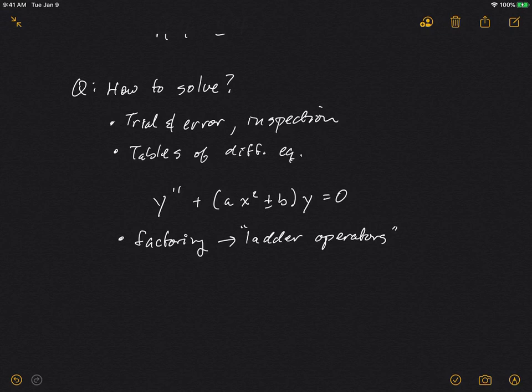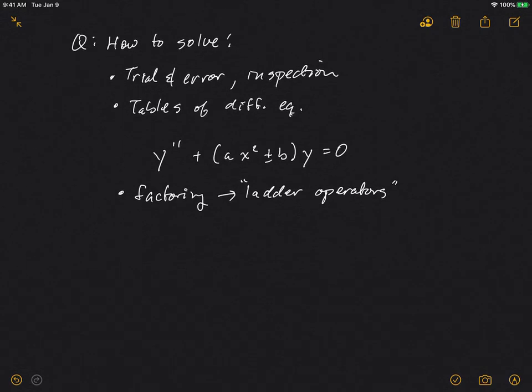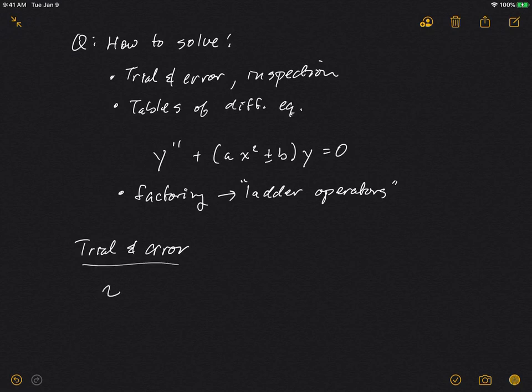Okay, so we're going to start by noticing that we actually had in one of the homework problem sets something that looked kind of like a solution to this problem. And so let's try that. We have this function, psi equals e to the minus a x squared.